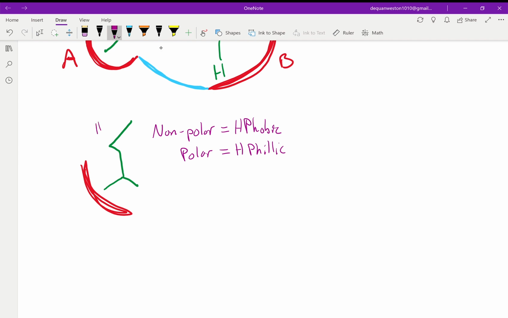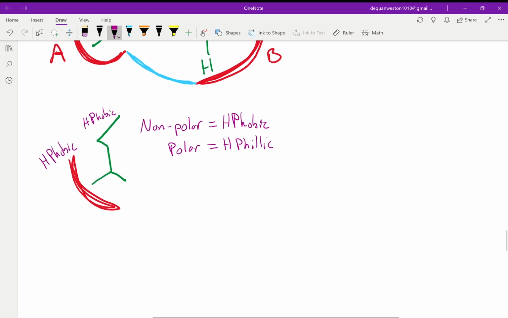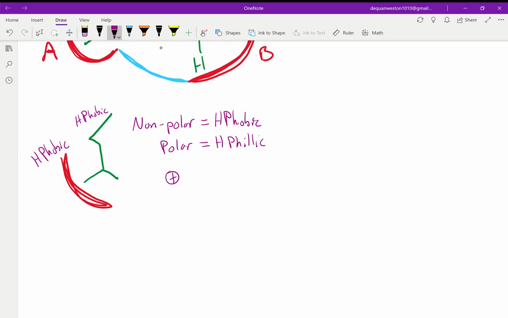So let's put hydrophobic. And in order for a hydrophobic molecule to interact with this active site, it must also be hydrophobic. So when you're talking about hydrophobic and hydrophilic, or philicity and phobicity, it's not like charges. So charges, your plus and minus will attract.